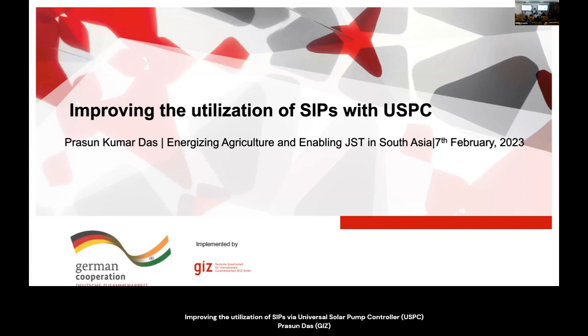On the right side you can see the statistics of what we have done in 4 different states: how much utilization we have and how much excess energy is still available. In some states like Odisha and UP, we have only 30 to 40 days of pump utilization out of 365 days, so around 300 days are unused.